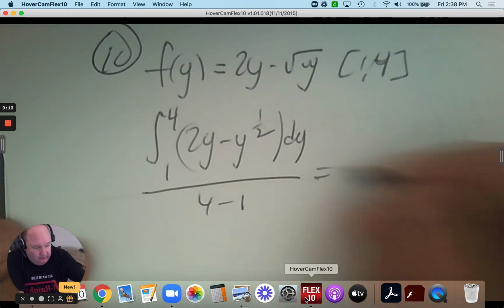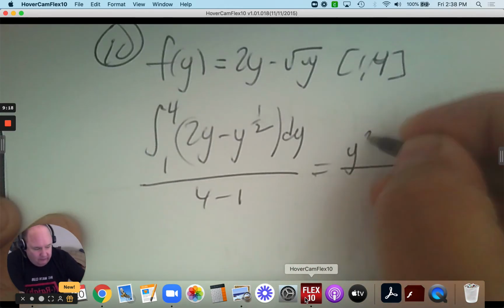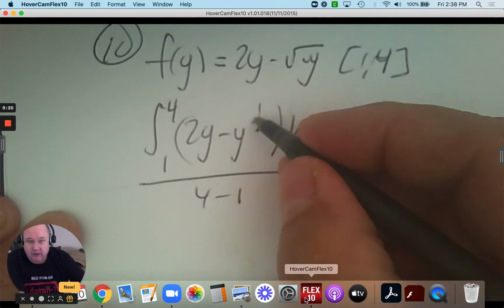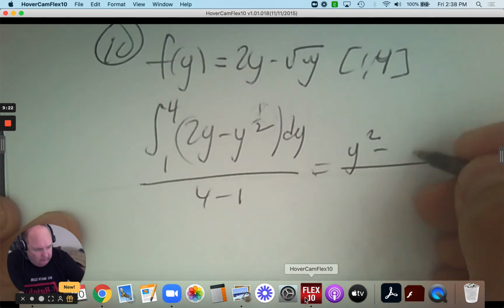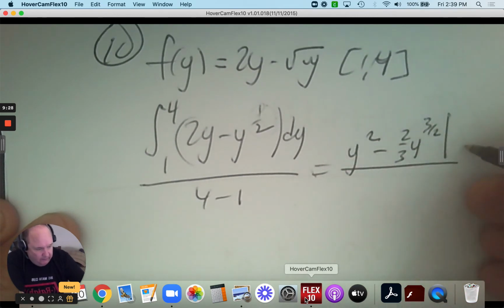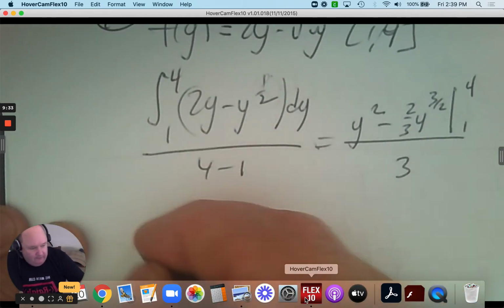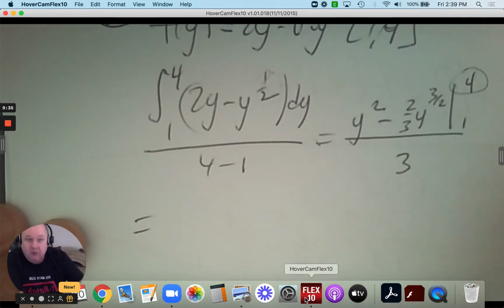Next, the numerator, I'm going to integrate. The antiderivative of 2y is y squared. Here, I have to add 1 to the exponent, so that's 3 over 2, and then divide, or times the reciprocal, which is 2/3, and then I'm integrating from 1 to 4, and that's over 3. Make it simple, please. Plug 4 in first.